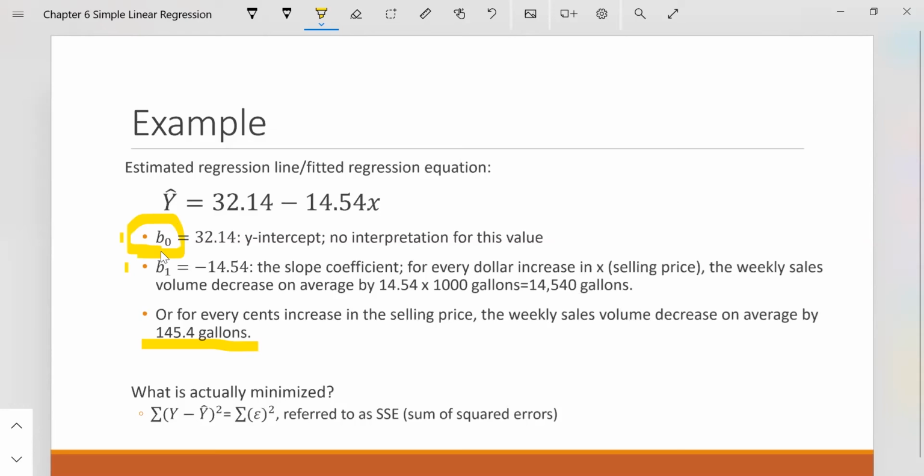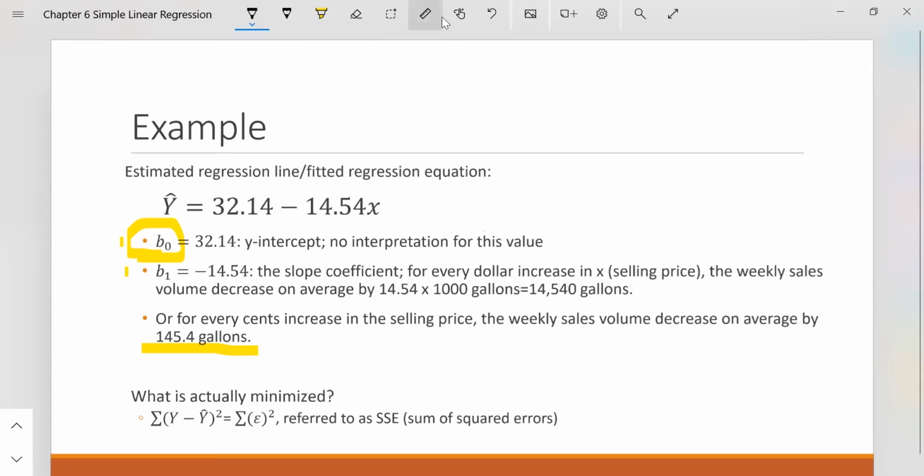So we usually say that B0, the y-intercept, is meaningless. Why? Because basically the y-intercept just tells us the value of y when x takes a value of 0, right? So when x is equal to 0, what about the Y?